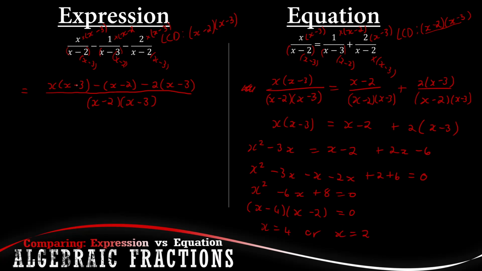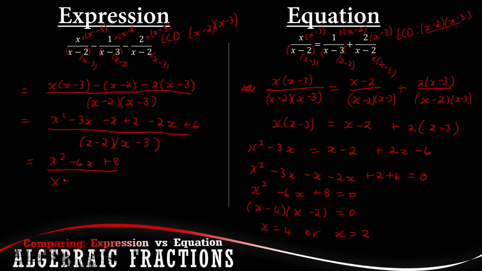In this case we just have to simplify, so we're also going to multiply out the brackets, and then we get x squared minus 2x plus 6 all over x minus 2 and x minus 3. Add the like terms, x squared minus 6x plus 8 over x minus 2 and x minus 3.